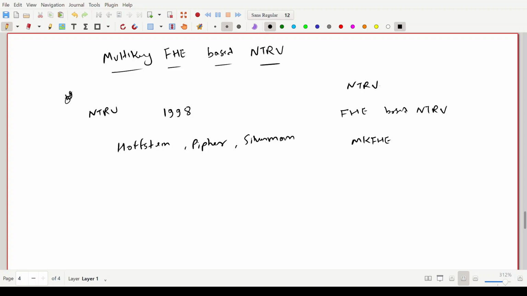And for FHE, in 2011 there was a paper which shows that the NTRU scheme can be modified.